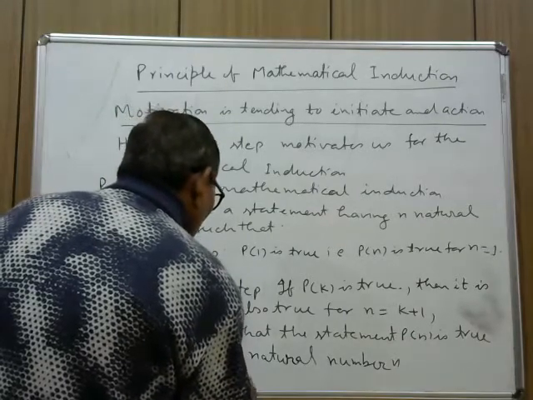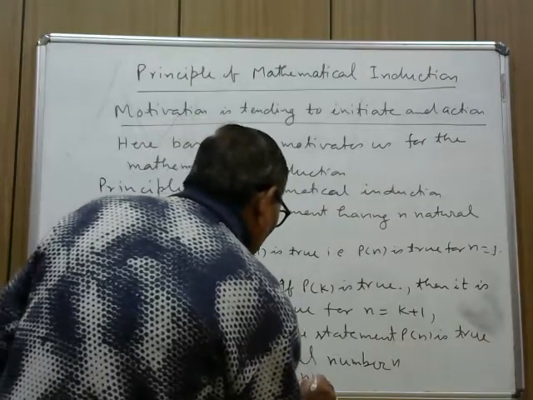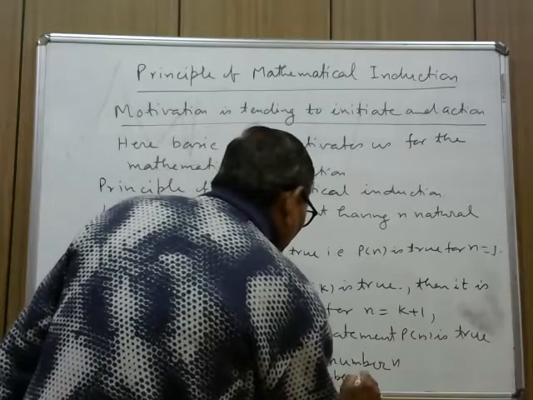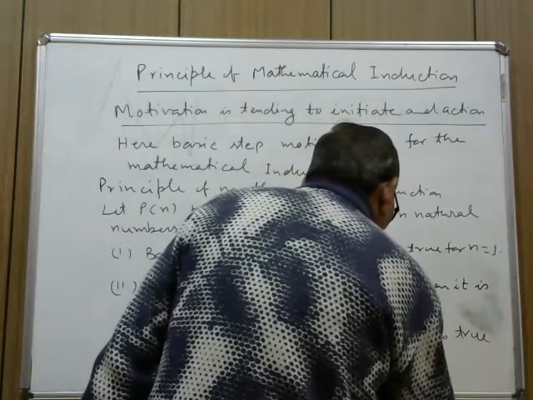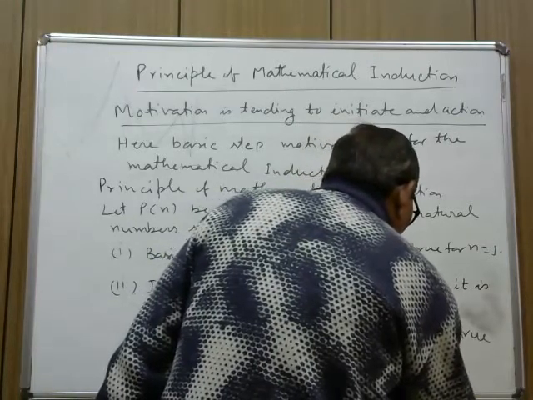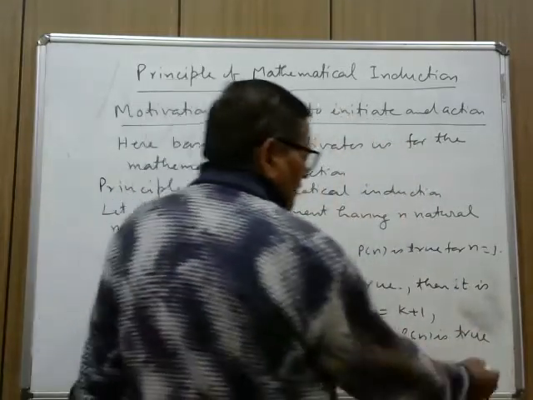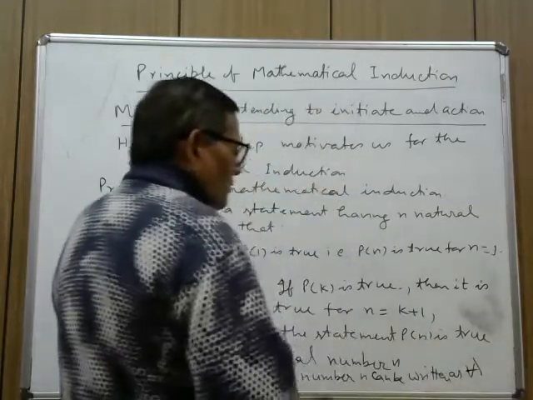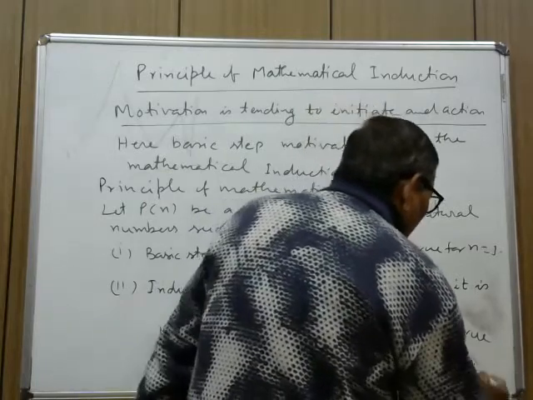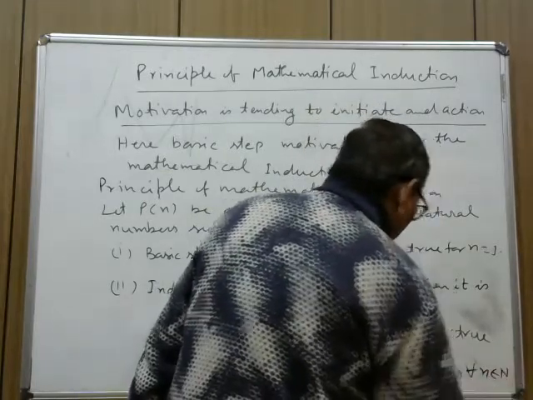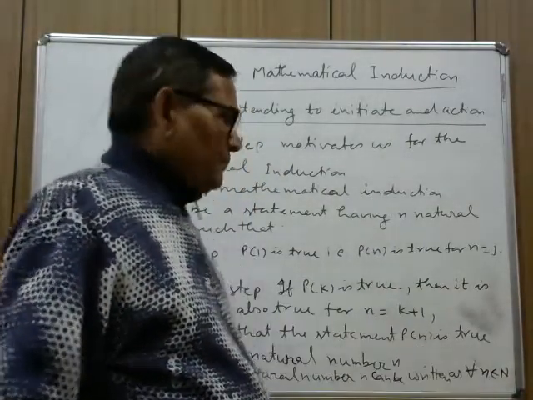For all natural number n can be written as, for all, this is the symbol which we read as for all. For all n belongs to N. For all natural number n can be written in this way also.